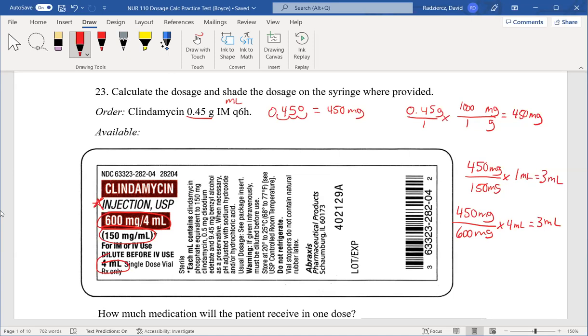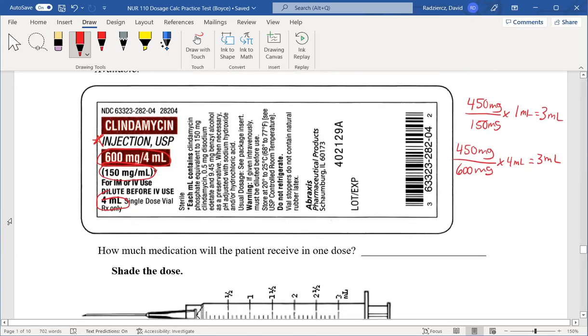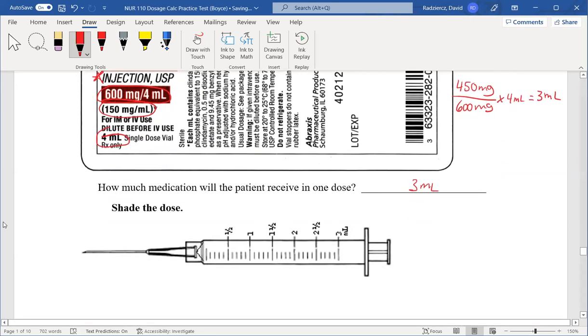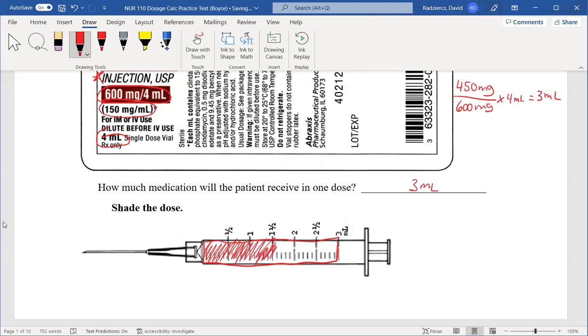So you're going to give them 3 milliliters, and you're basically going to use the whole syringe. You probably need a bigger syringe for this question, but that was just the example here.